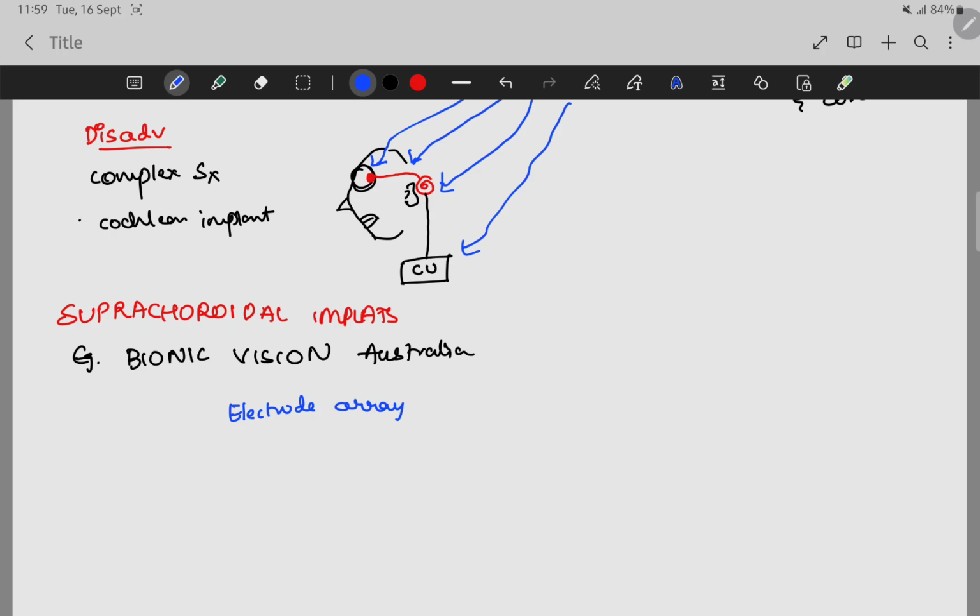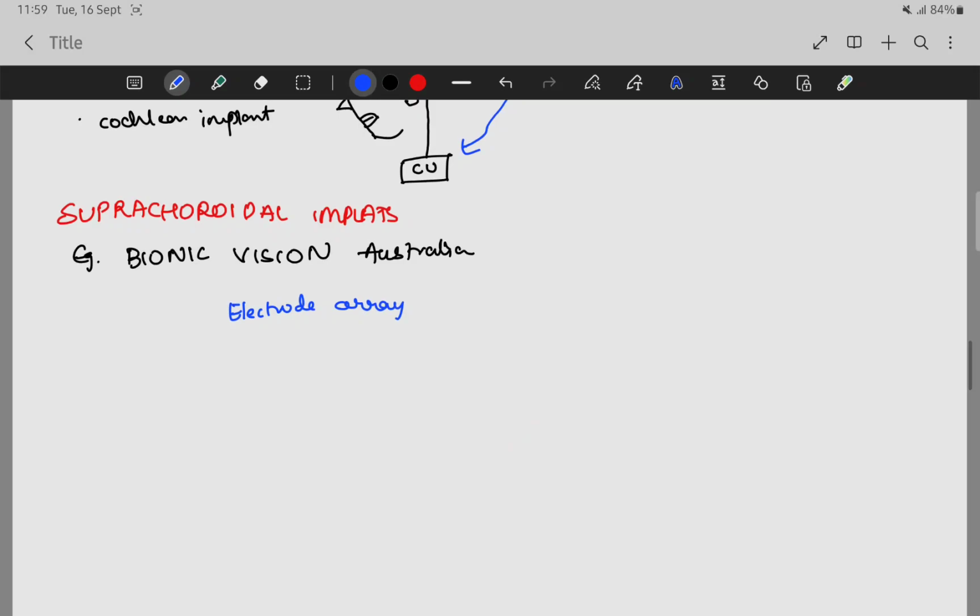It is connected to a percutaneous connector which is implanted behind the eye. So just an image. Here there are spectacles, and this is the actual eye.